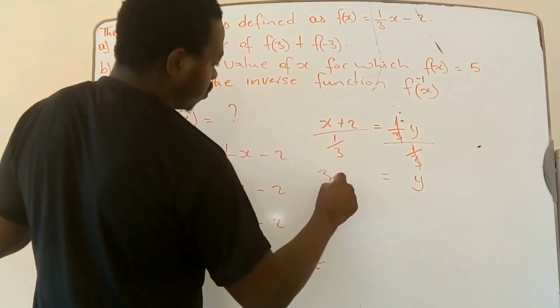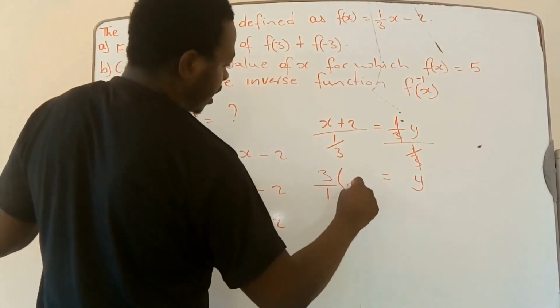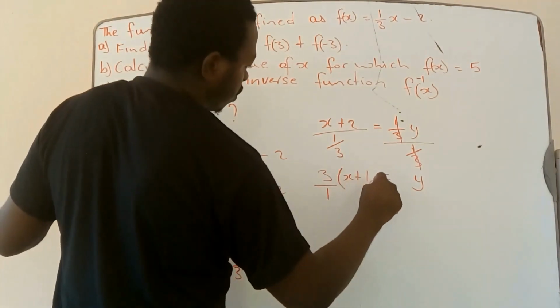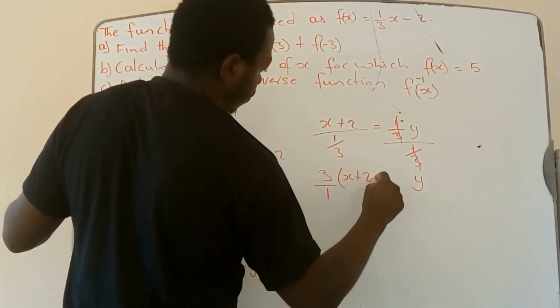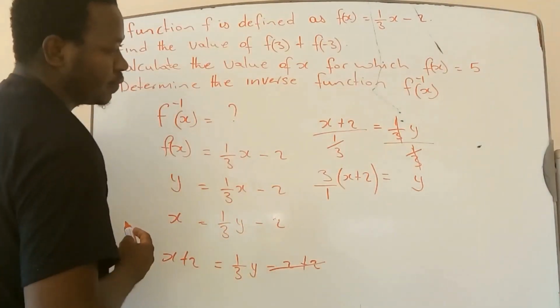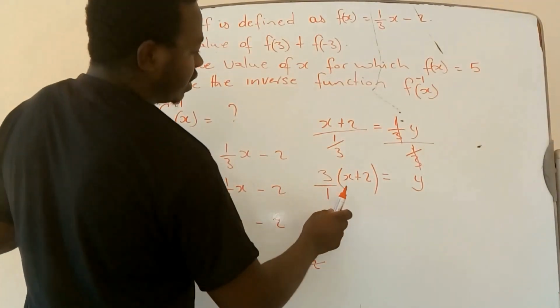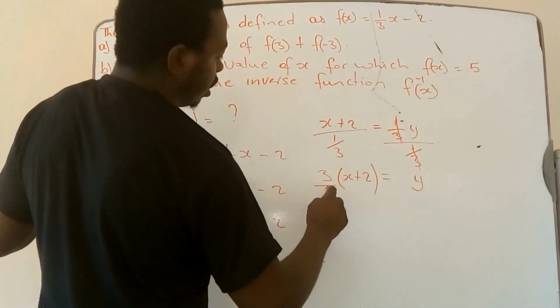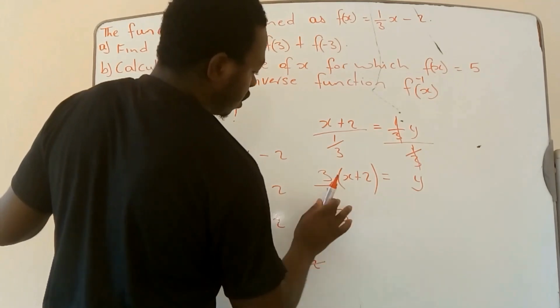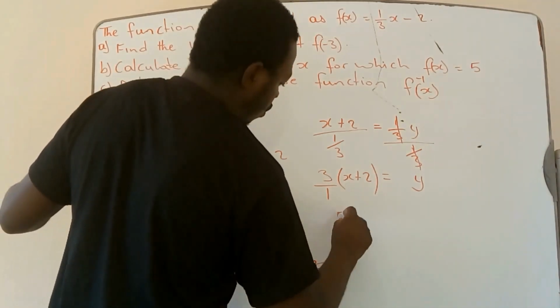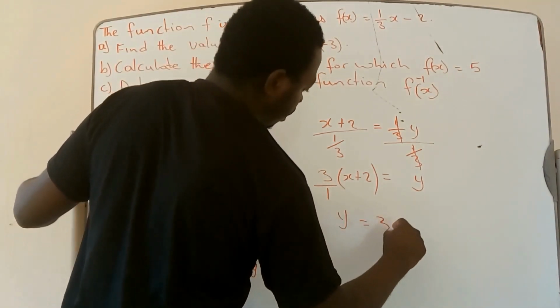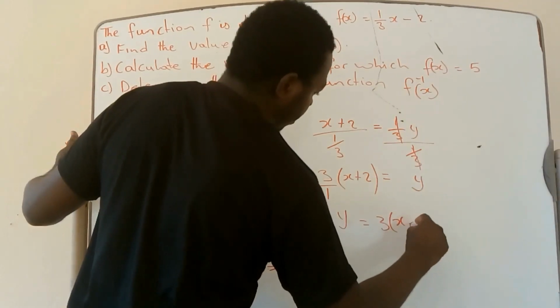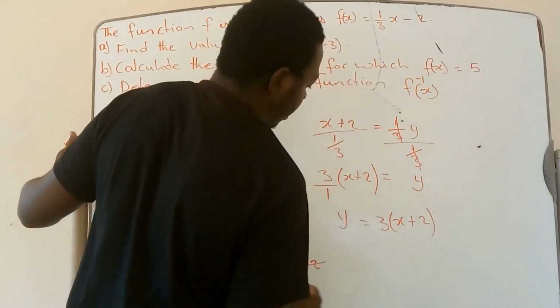So this is just 3 over 1 times x plus 2. Right? So we know that y is equal to 3 open bracket x plus 2, right?